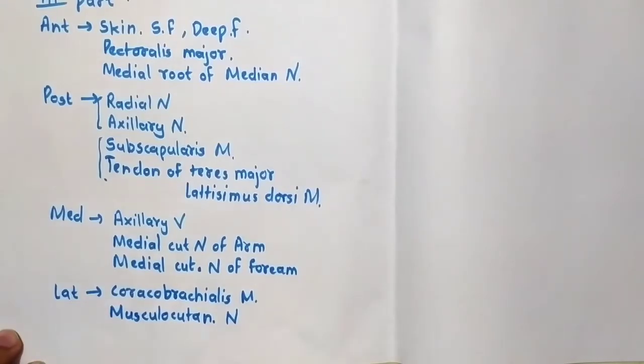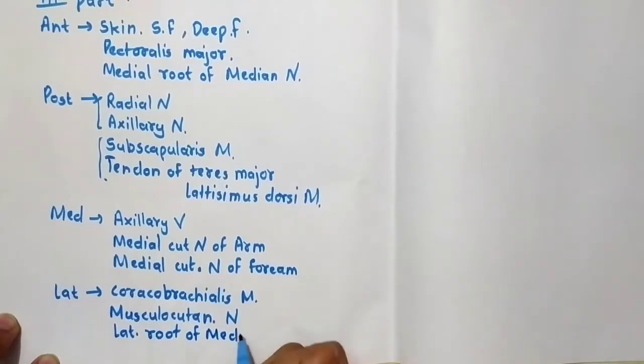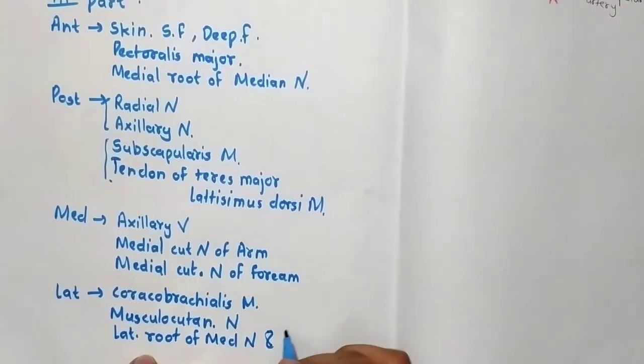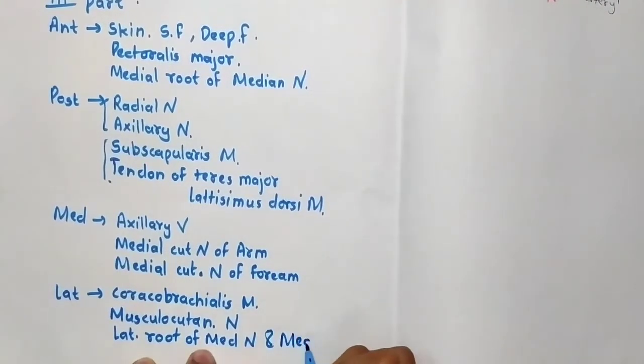Okay, so the medial root is in the anterior relation and the lateral root is in the lateral part. Lateral root of median nerve and median nerve itself.